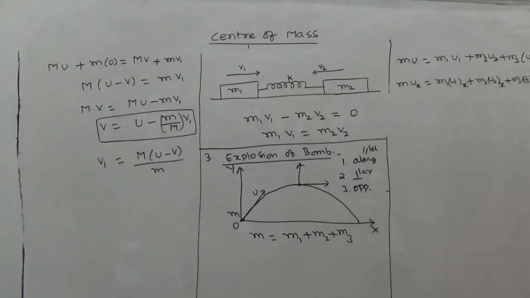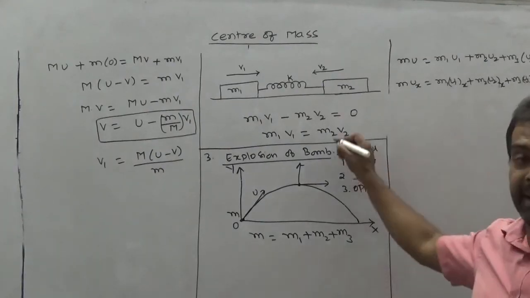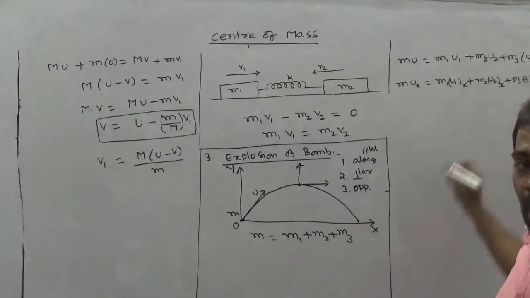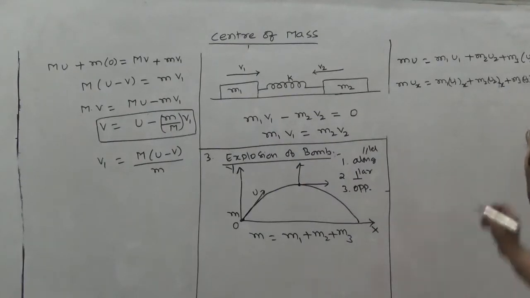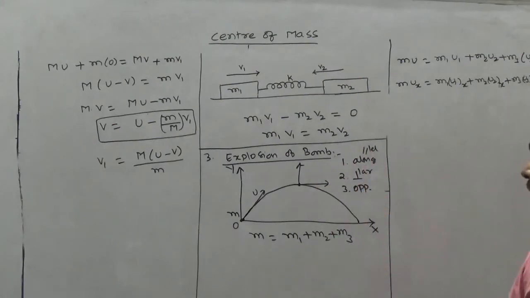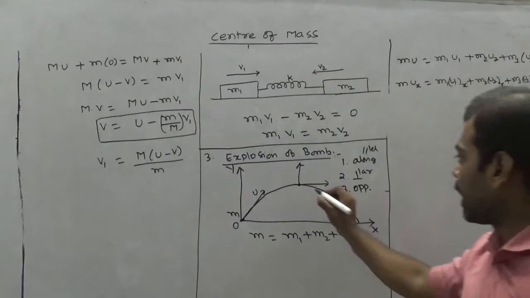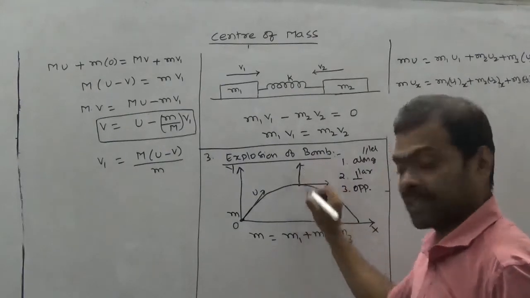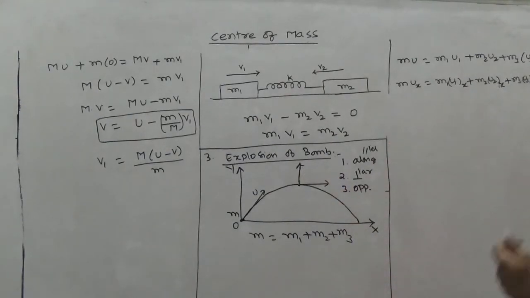The second fragment is moving in the perpendicular direction, so there will be no component along the x direction, so it will become 0.